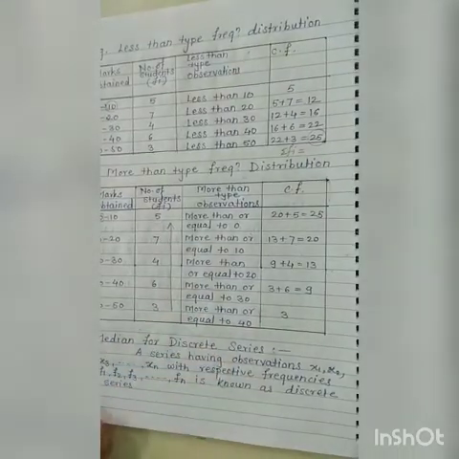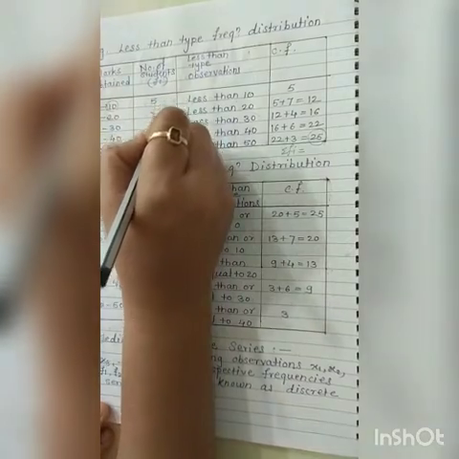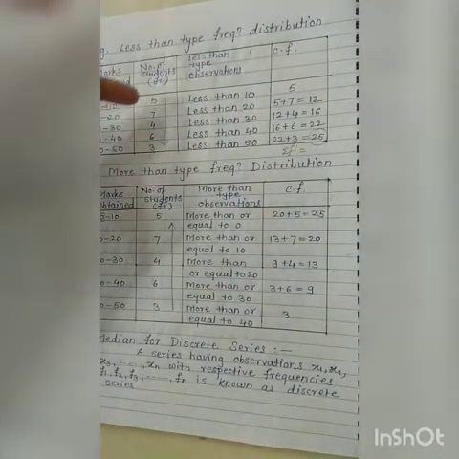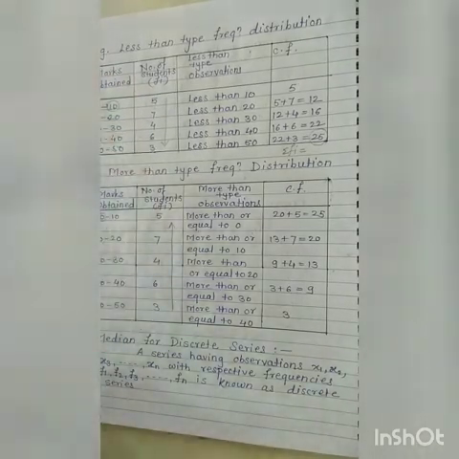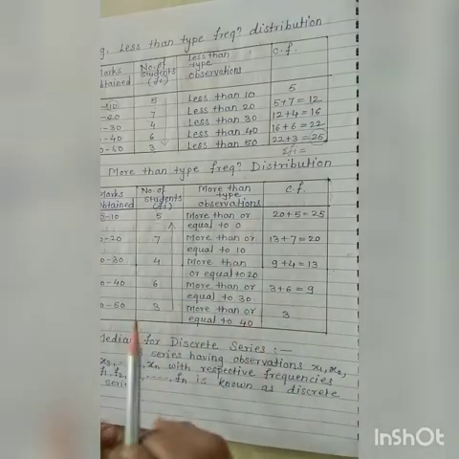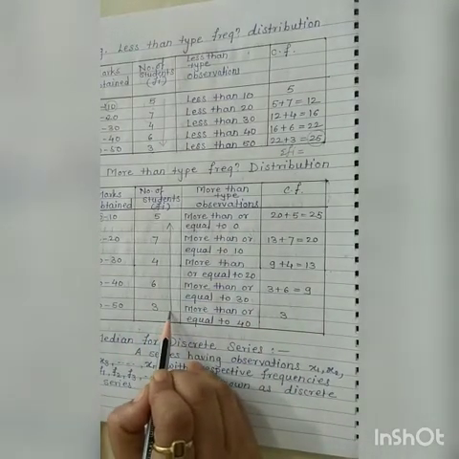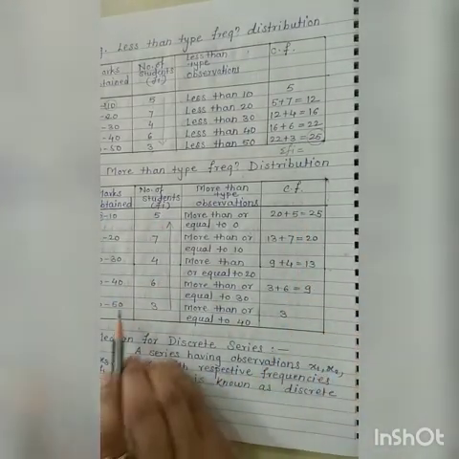This is the sequence of adding the frequencies. For less than type we add the frequencies from the first class interval to the last class interval. For the more than type frequency distribution, we add the frequencies from the last class interval to the first class interval.